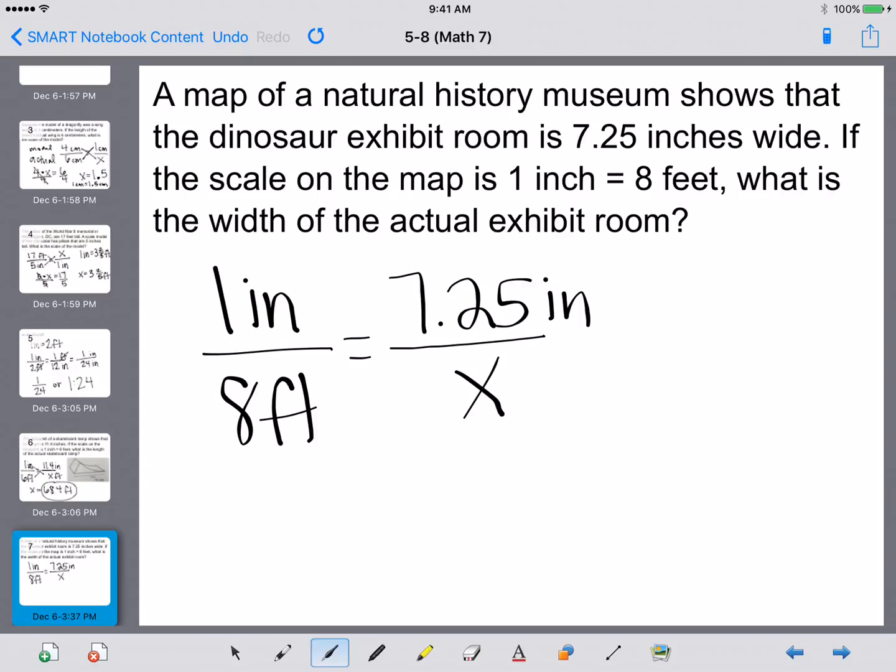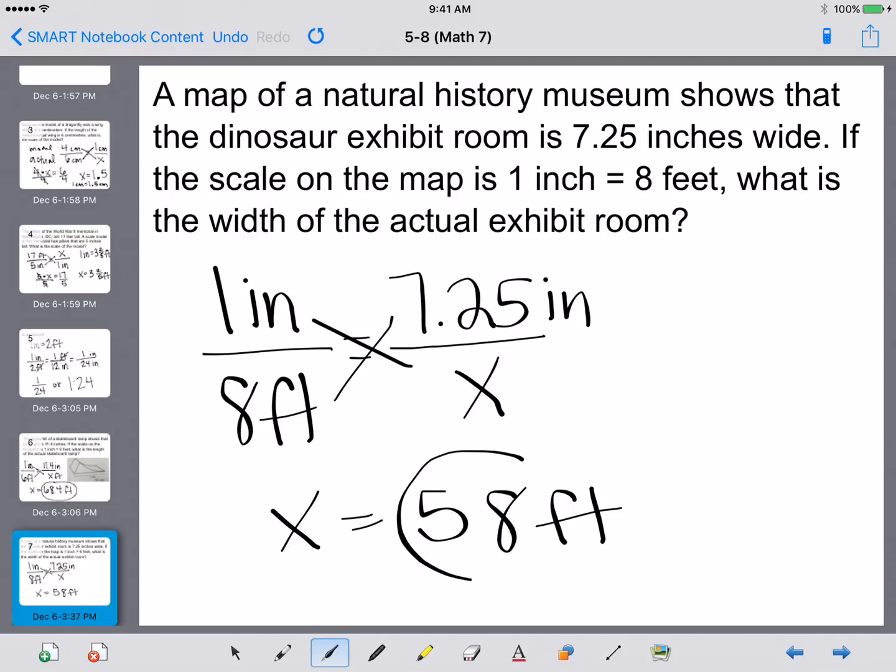Once again, we're just going to cross multiply. 1 times x is x. 8 times 7.25 is 58. Our x is all alone, so right away 58 is our answer. Add our label of feet, because that's what our actual room is measured in, and voila! The width of the actual exhibit room is 58 feet.